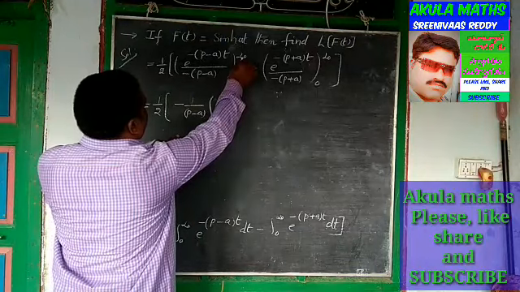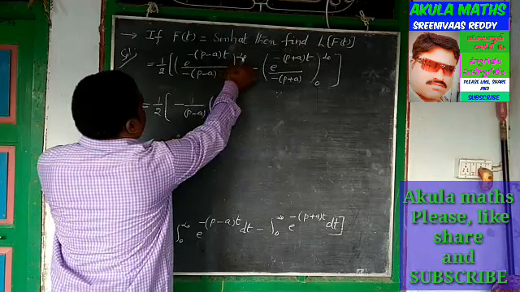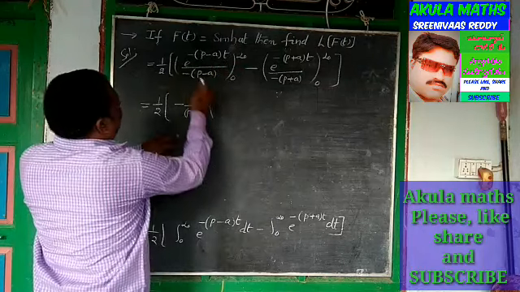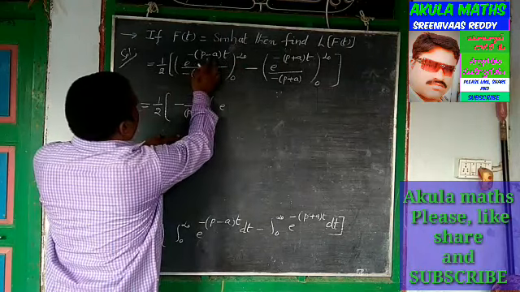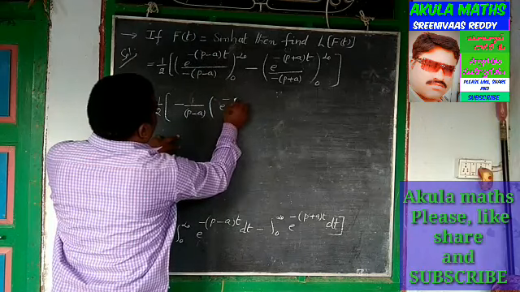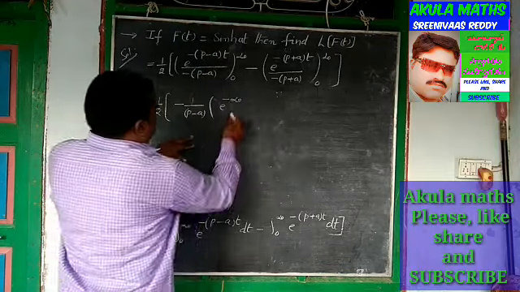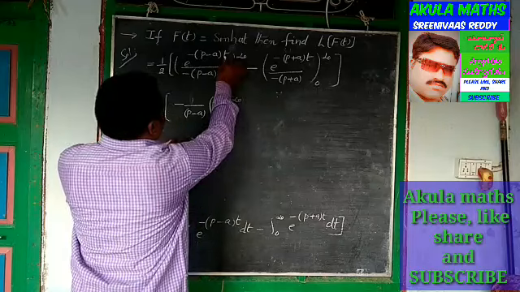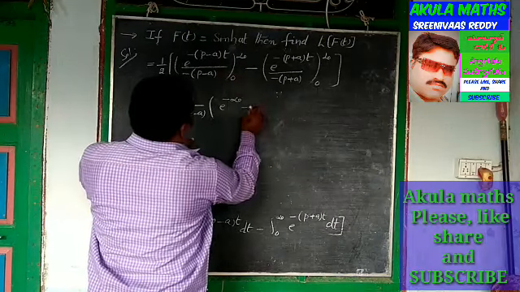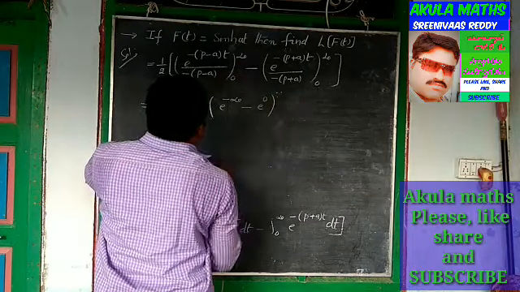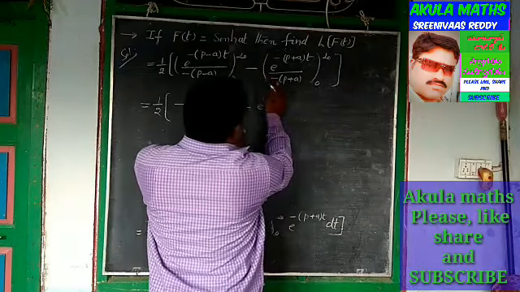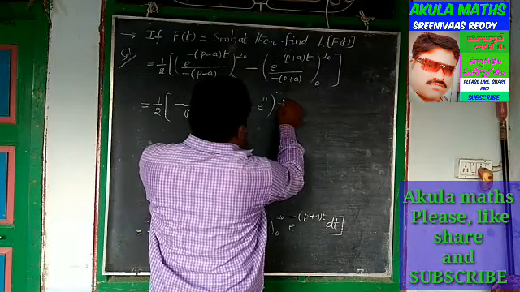Now we substitute upper limit infinity, we replace t is equal to infinity, so e power minus of p minus a into infinity means e power minus infinity. Now we substitute lower limit t is equal to 0. So minus e power 0. Next, minus into minus becomes positive.